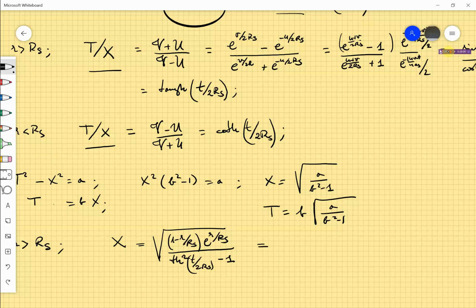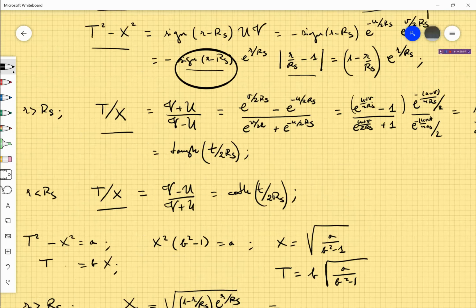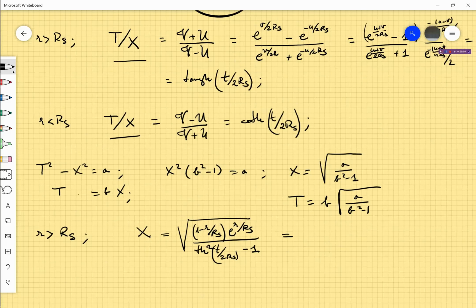This gives you, okay, if R is larger than Rs, you have to take into account that this expression is negative. So you probably want to write minus R divided by Rs minus 1, e to the R divided by Rs. And here you have a hyperbolic sine.